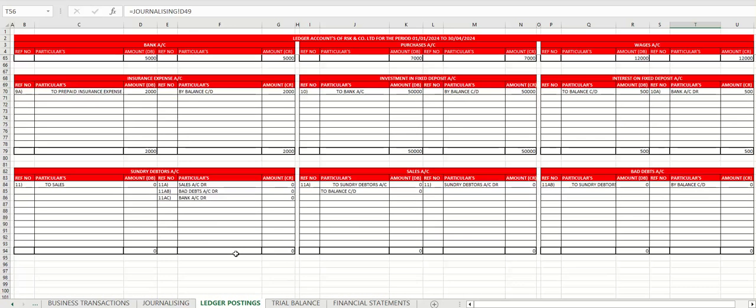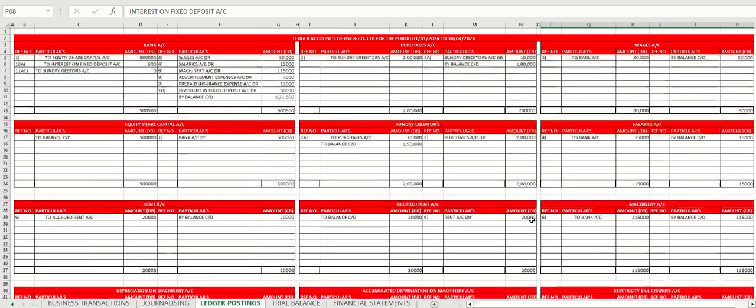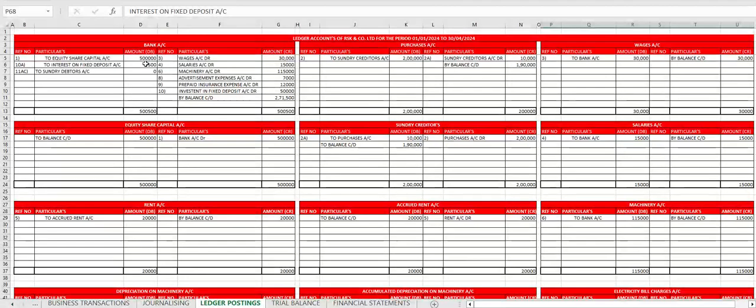Let's see. Investment in fixed deposit, interest on fixed deposit, investment in fixed deposit to bank, and we will carry forward this balance. Interest on fixed deposit, by bank, we will carry forward the balance. Hope this is clear. Regarding this interest on fixed deposit, we would be increasing our bank balance because RSK and Co would end up receiving this 500 towards the investment in fixed deposit.